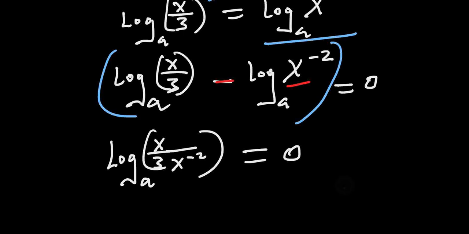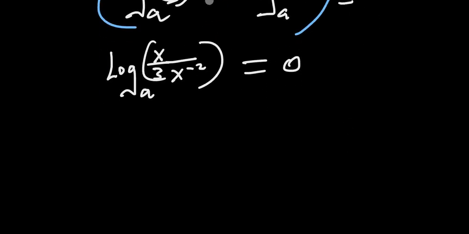So at this point, because the x that we have here has a negative exponent, we can simply write it as a positive exponent by taking the reciprocal of the value.